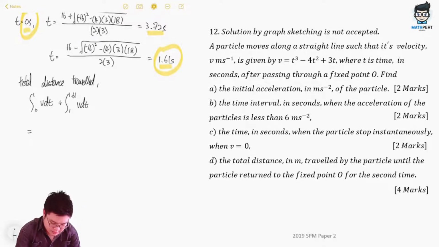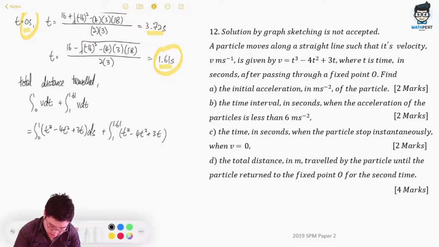That is the integral from 0 to 1 of t cubed minus 4t squared plus 3t dt, plus the integral from 1 to 1.61 of t cubed minus 4t squared plus 3t. Sorry, this is not ds, this is dt.